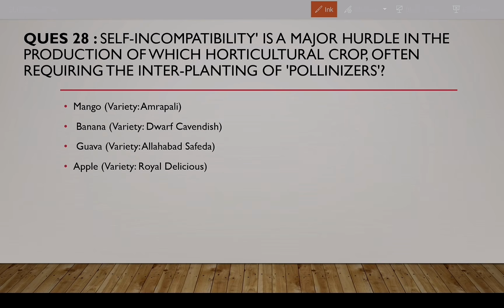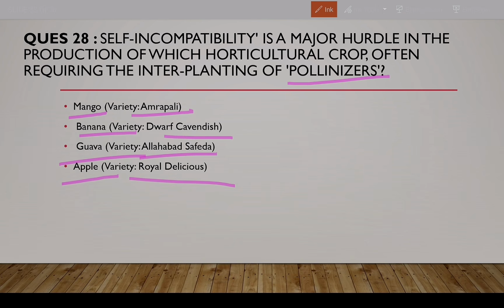Now, next question: self incompatibility is a major hurdle in production of which horticultural crops, often requiring interplanting of pollinizers? Here, varieties are given: mango Amrapali, banana Cavendish, guava Allahabad Safeda, and Royal Delicious for apple.